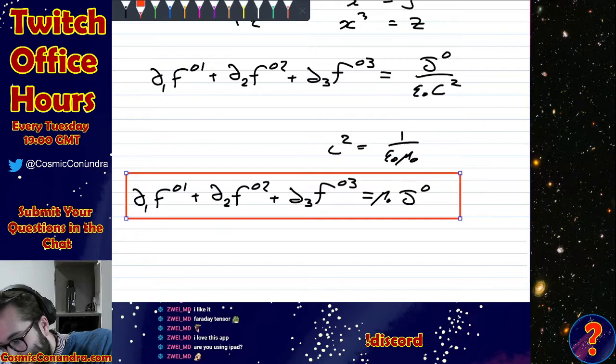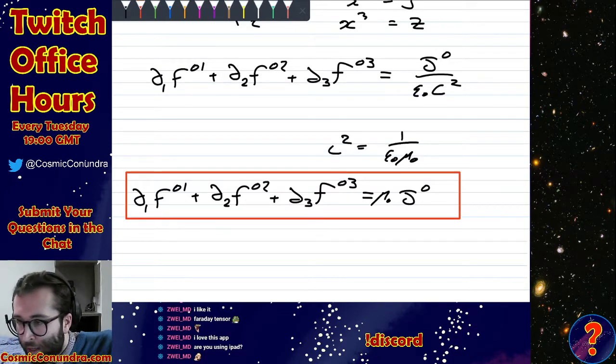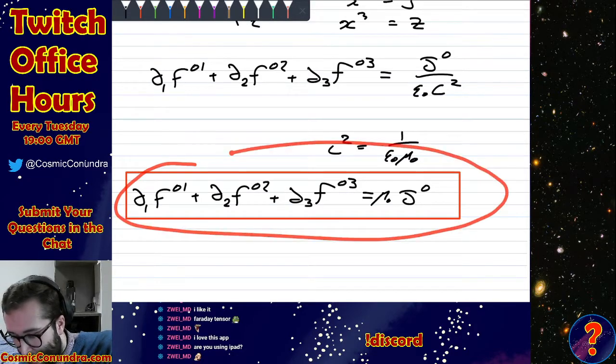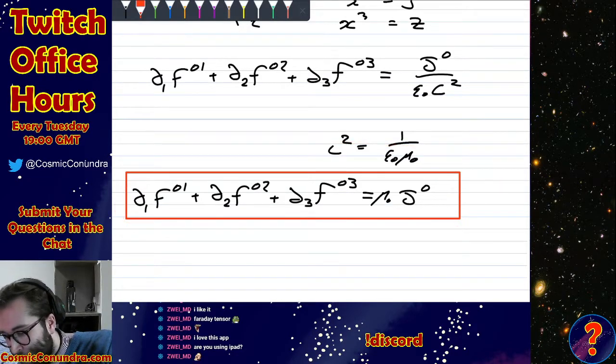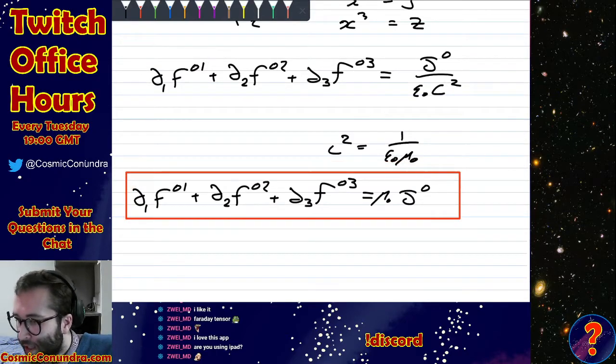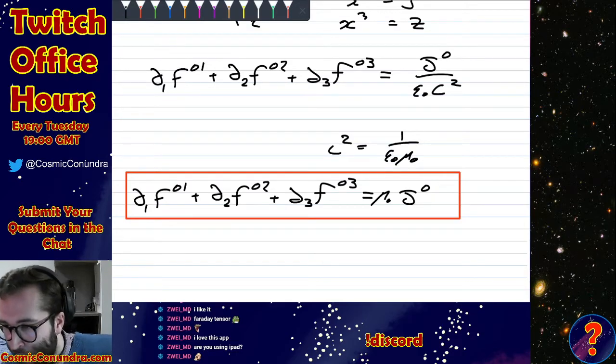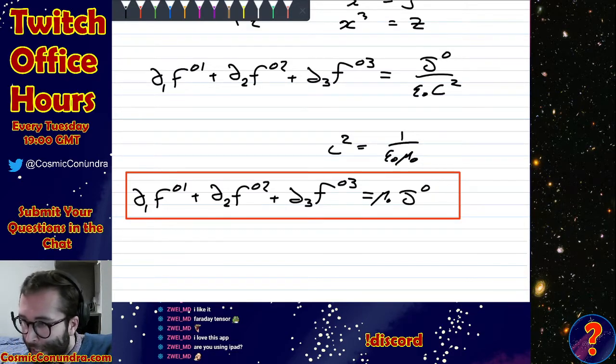This is the first Maxwell equation, the divergence of the electric field, written in terms of this Faraday tensor. Now at the moment, this is written in terms of components of the tensor. So it's not clear in the way this is constructed that it's a covariant formalism that will transform according to Lorentz transformations, because we've written it specifically in terms of components.